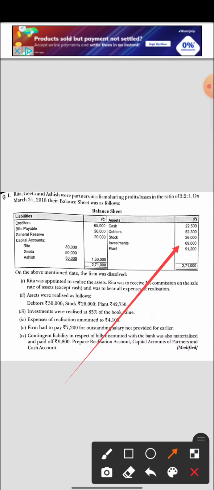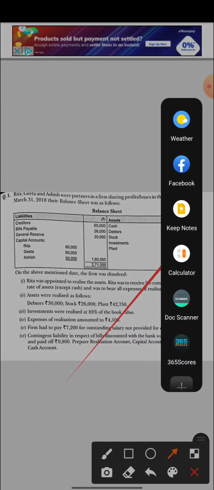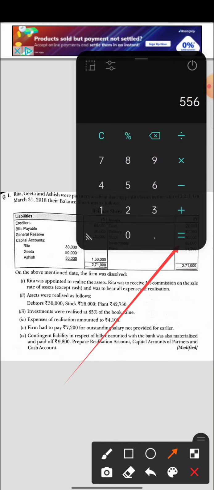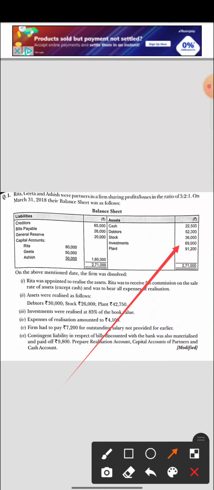It is 69,000. So 85% into 69,000. So you get 58,650. So that means investment will be 58,650. Okay. Then investment was 69,000, now it will become 58,650. We have solved number 2, we have solved number 3.